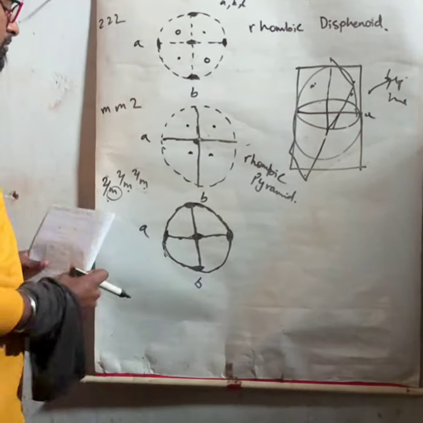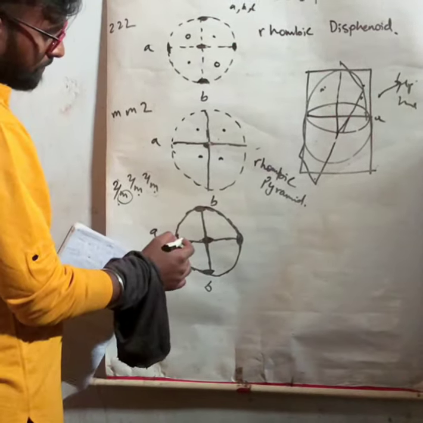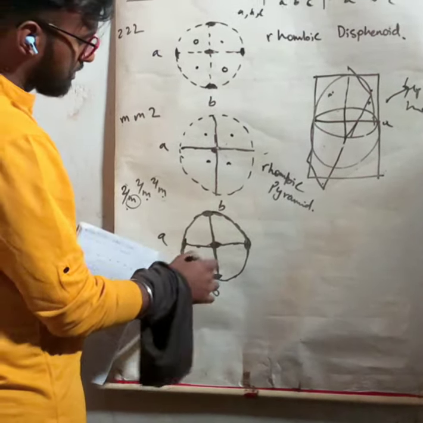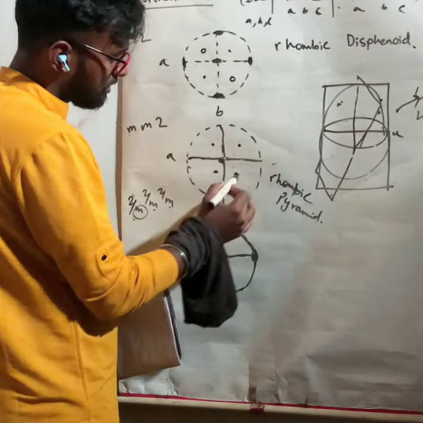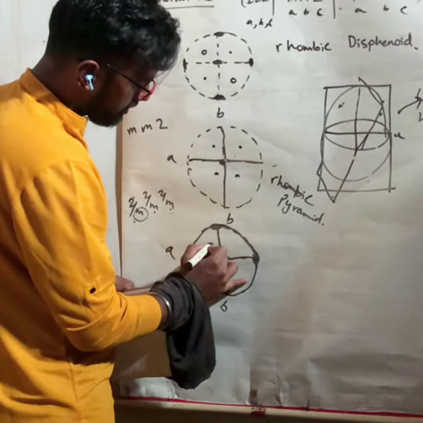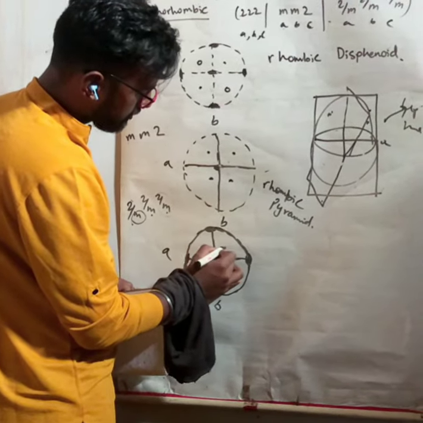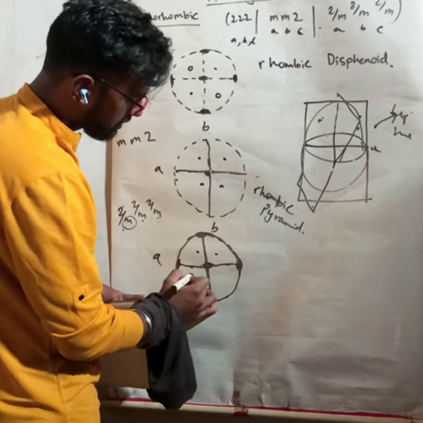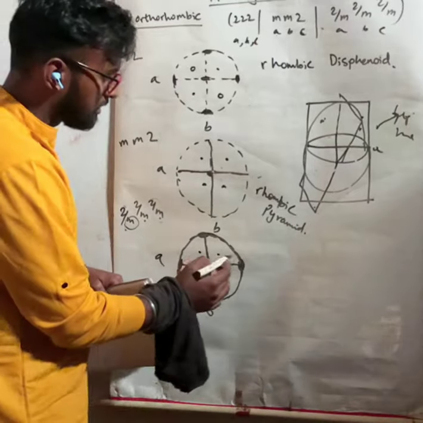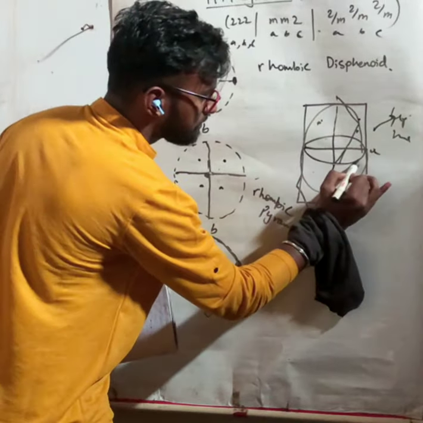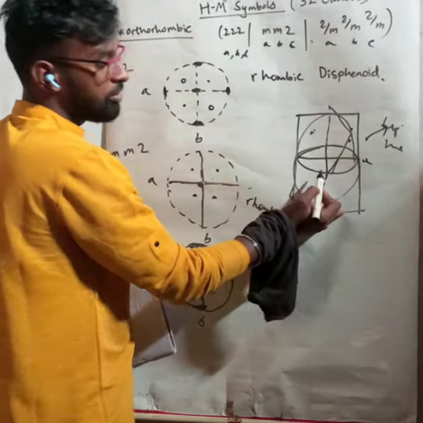Now we see every plane here is a mirror plane. So like we used this operation for A and B, we can use the same one, because this is a mirror plane, this is a mirror plane, this is a mirror plane. But also the plane perpendicular to the C axis is a mirror plane.